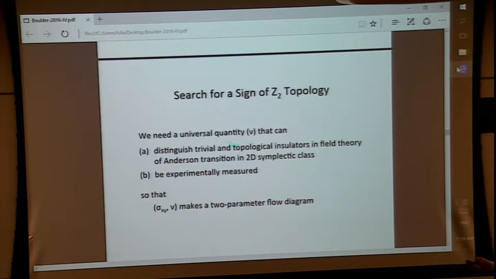So we need a quantity in this theory that can distinguish the two topologically distinct phases, so that with that extra quantity, we can make a two-parameter flow diagram of sigma xx and this quantity I call nu. This quantity nu has to be defined for a given system size, and we should look at how it scales with system size.